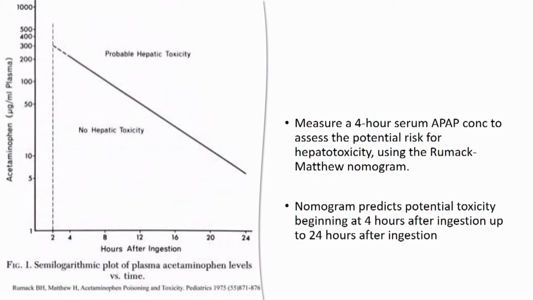If you can see, there is a Rumack line that goes through about 300. If you have levels above the line, that is probable hepatotoxicity, and levels below the line, when you're plotting, probably means no toxicity.